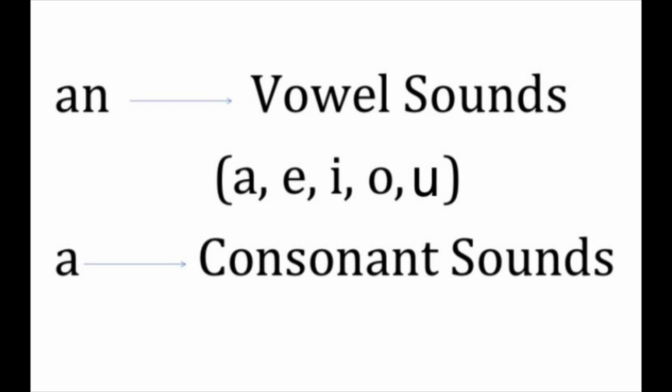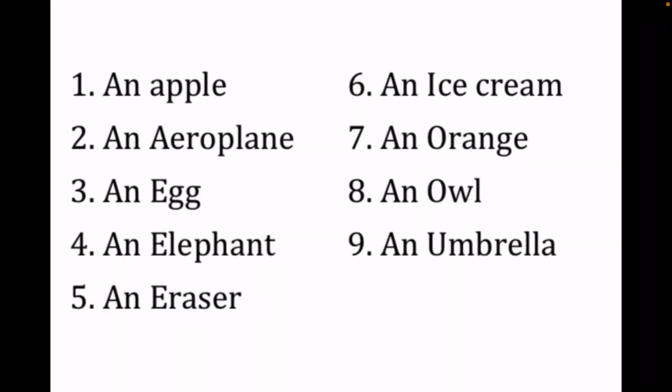Then of course you can teach them that a is used in front of words that start with consonant sounds. Typically at this age, they should know the vocabulary and the words that start with these vowel sounds. For example, an apple, an aeroplane, an egg, an elephant, and so on.